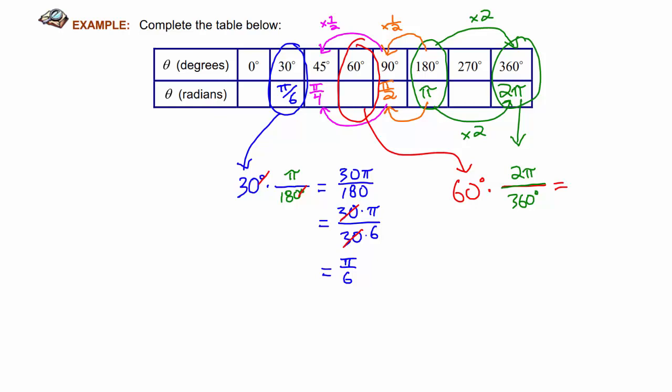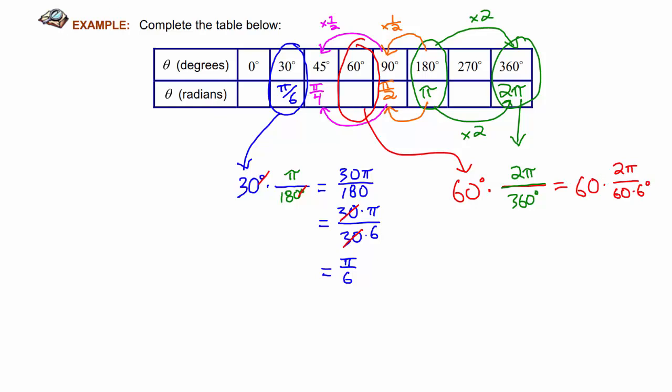Why don't we just go ahead and immediately cancel our fractions. 360 is 60 times 6.